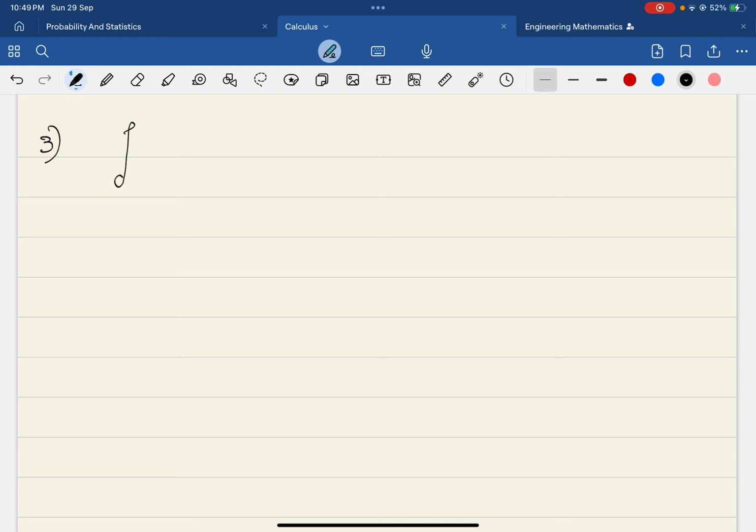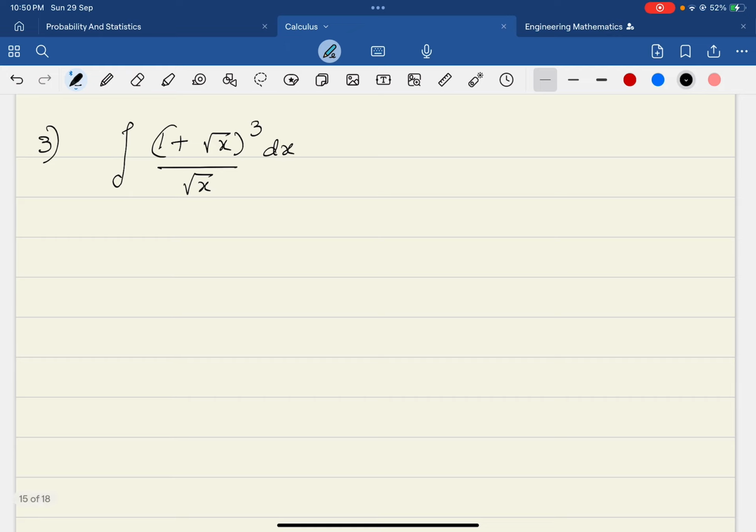Suppose you have the integral of 1 plus root x the whole cube over root x dx. Then how to take the substitution? Here it is very clear that when you take 1 plus root x, this is t because there is a power.